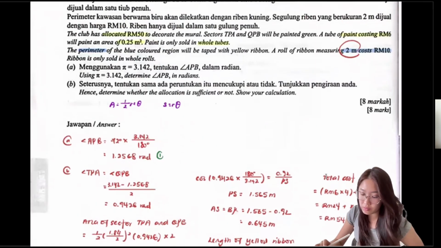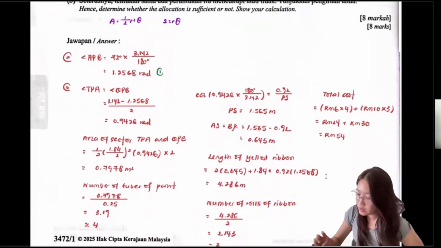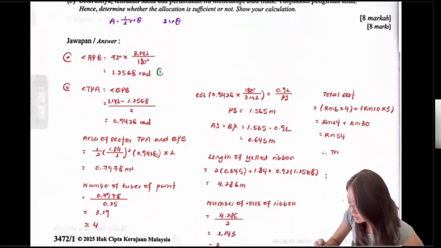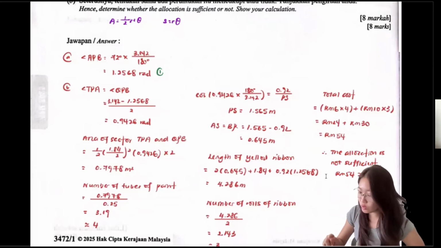Sufficient or not? No. Your allocation is 50 ringgit only. So you write here, the allocation is not sufficient. Why? Because 54 ringgit is more than 50 ringgit. You need to answer the question. They'll give you 1 mark for that.